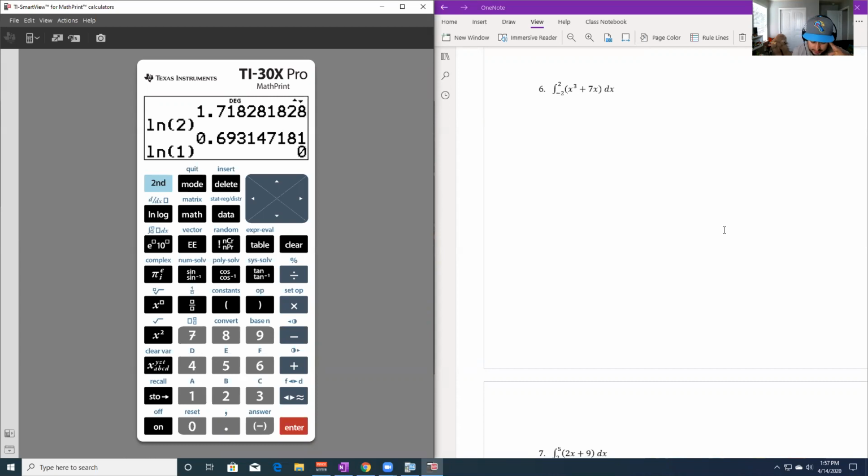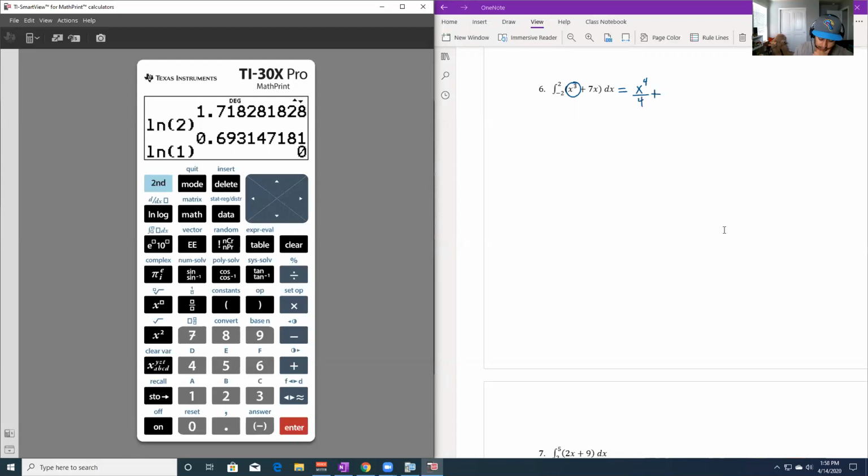All right, number 6, the integral from -2 to 2 of x cubed plus 7x. Okay, so let's look at x cubed first. We're going to find the antiderivative of that, meaning we will use power rule on that. So the antiderivative of x cubed is x to the 4th over 4. That one's done.